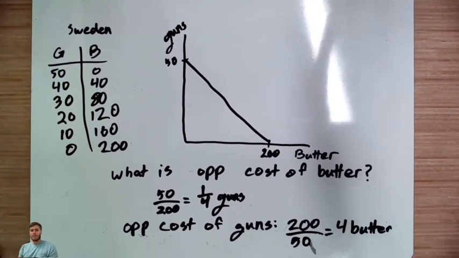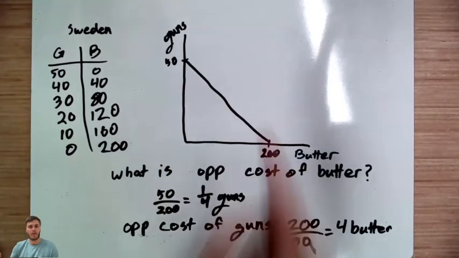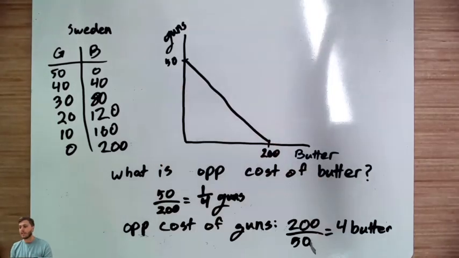And this is our first graph, our first PPF, PPC. One thing to note about this one specifically is if you notice we drew this as a straight line. This is going to show that there are constant opportunity costs, because no matter what point I'm at, it would always be the same opportunity cost to make one additional butter or one additional gun.